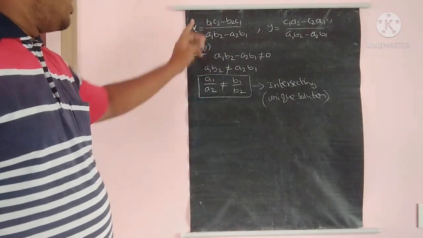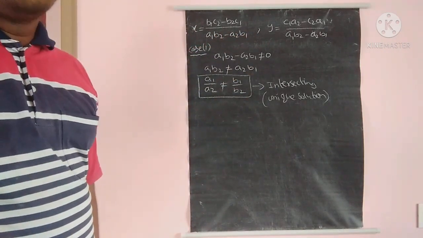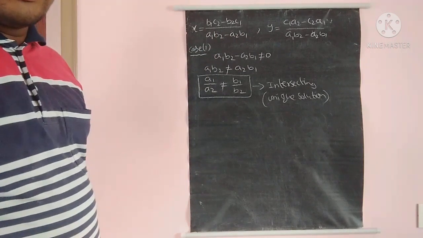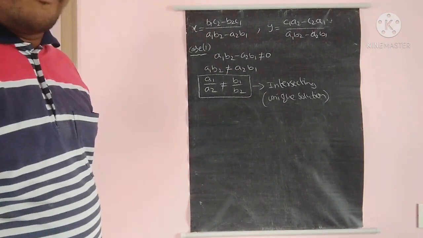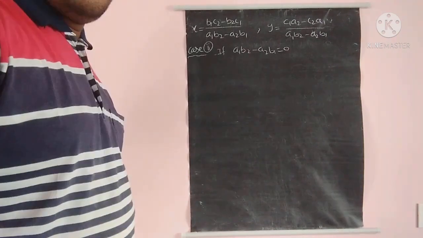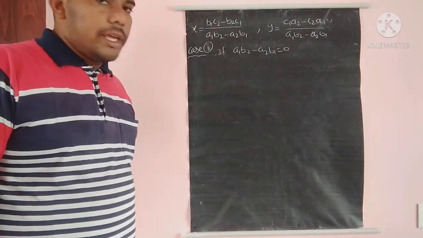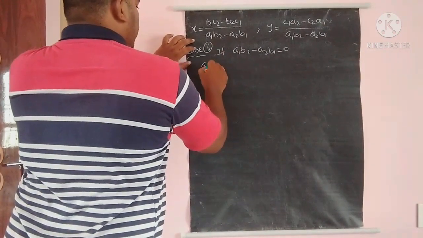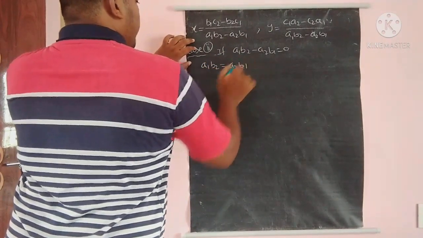In case if we get a1 b2 minus a2 b1 value is equals to 0, then we will have again two cases. Either it can be coincident or parallel. Then how to identify whether it is coincident or parallel, we will discuss. If a1 b2 minus a2 b1 is equals to 0, then we can write a1 b2 is equals to a2 b1.